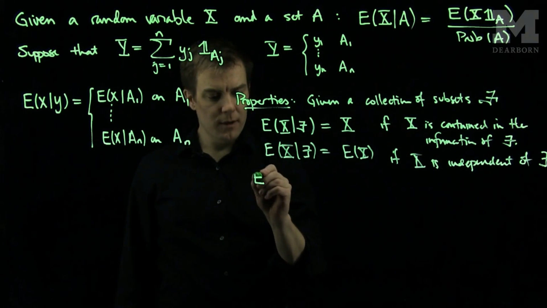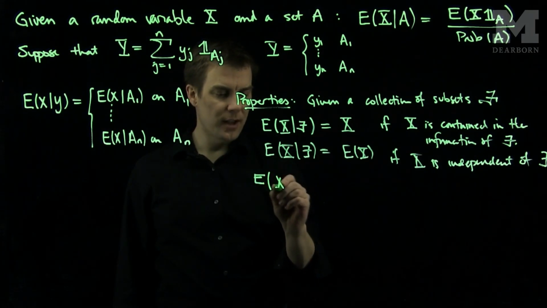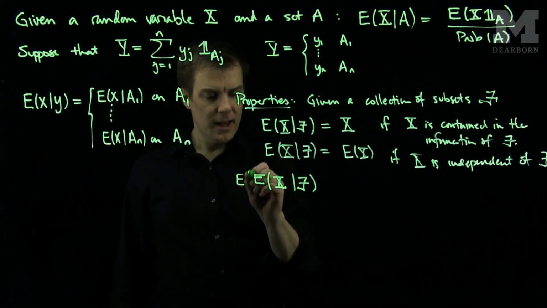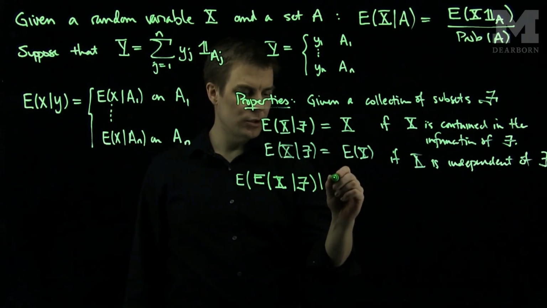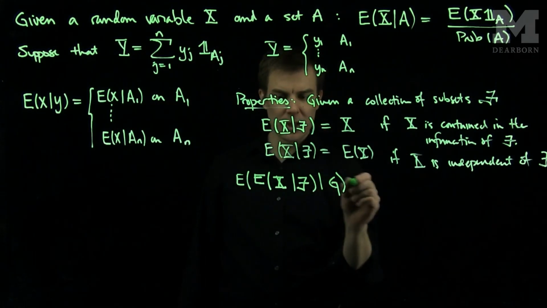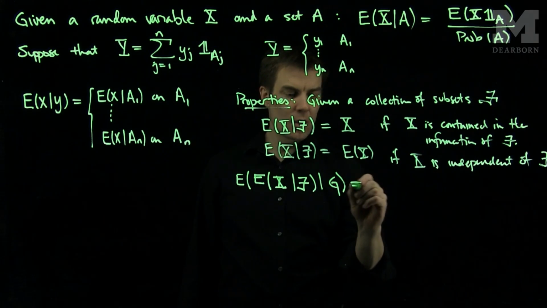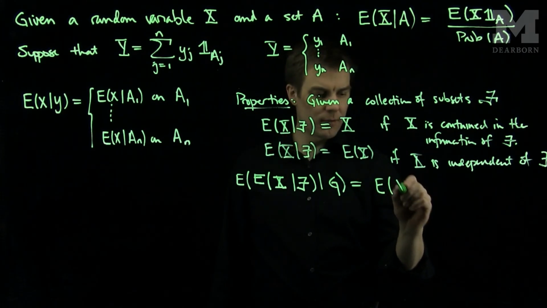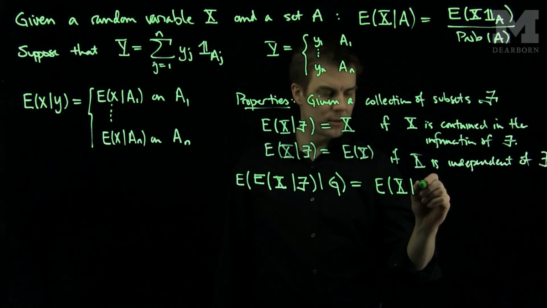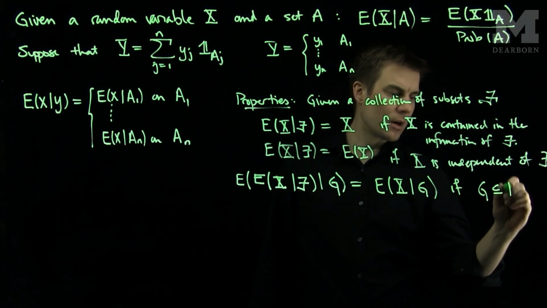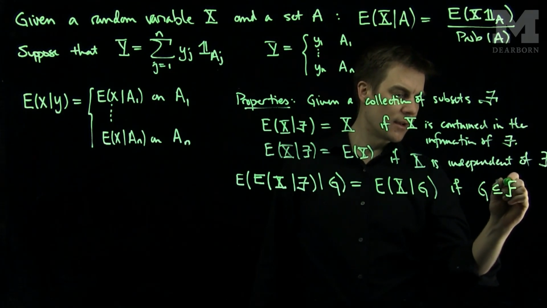Then we have the tower property: if I take the conditional expectation with respect to g, the smaller amount of information, I get the conditional expectation of x given g, if g is a smaller amount of information than f.